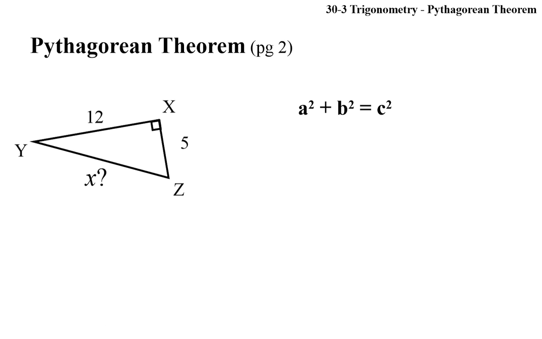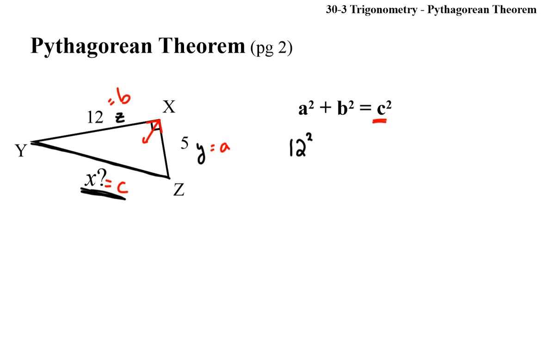Give it a whirl on your own first. So again, at this point, we have side X, we have side Y, and we have side Z. If it helps you, only if it helps you, we're trying to find across from the 90, so we're trying to find the hypotenuse, which means the other two sides could be identified as A and B if that helps you, because we're trying to find the longest side, the hypotenuse.